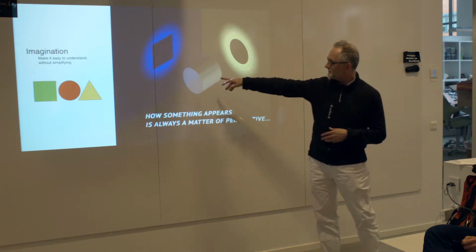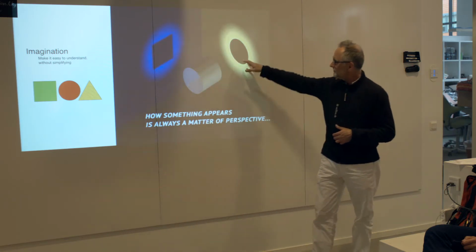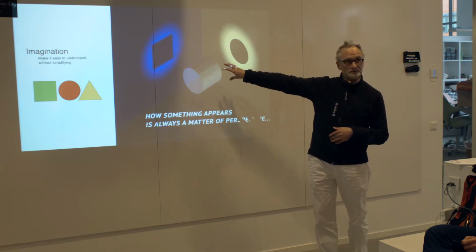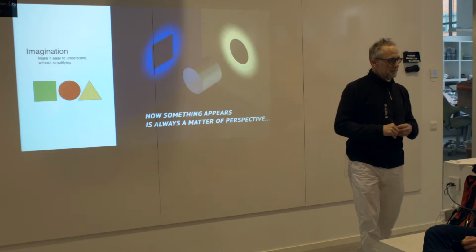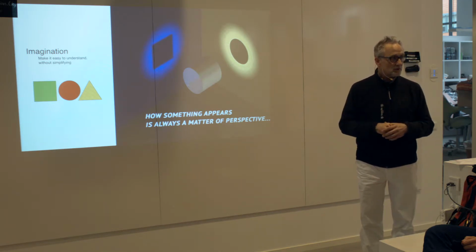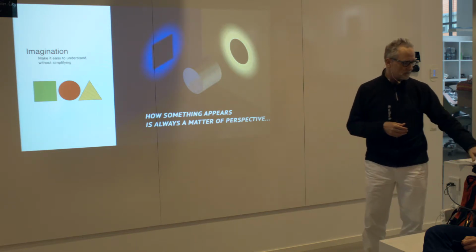If you look at this cork, for example, for one person it can be a square, for another person it can be a circle, and you see maybe the whole picture. And that's why we need to work more with pictures or work more with models to be able to display that.